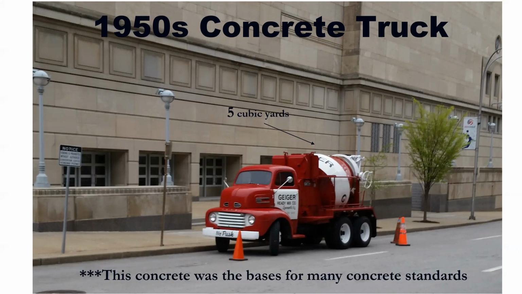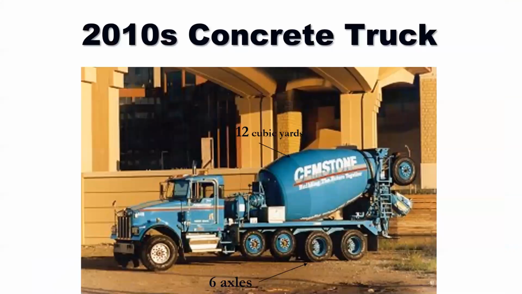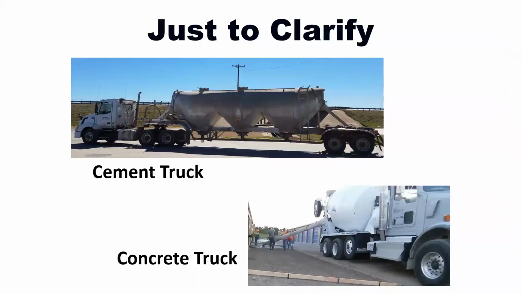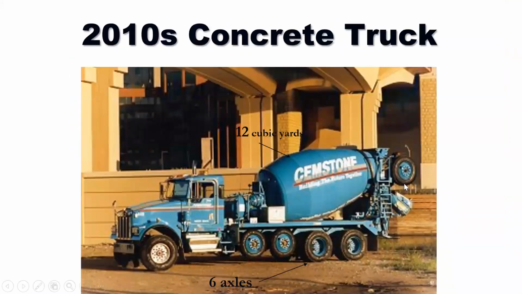And sometimes your standards need to be rewritten, because you're not dealing with a 5-yard truck anymore. You're dealing with maybe a 12-yard truck like you see here. So this truck has 6 axles. This one will actually come down if there's concrete in it, just to provide more balance.